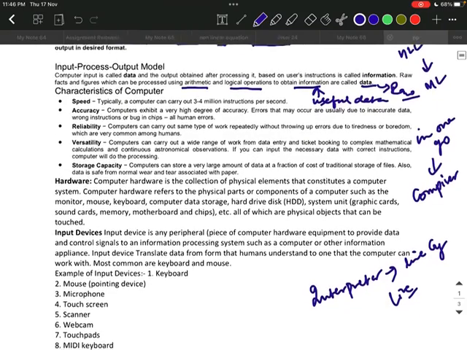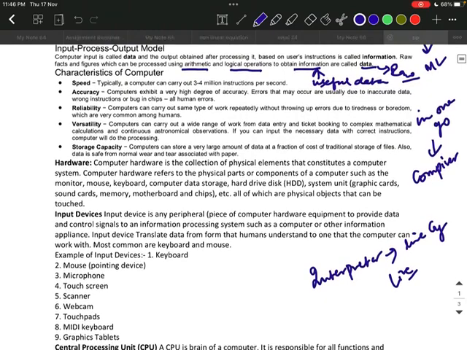So that is what actually is happening in the input process output model. Then there are certain characteristics of computer. So you know that it's quite speedy. It can carry out 3 to 4 million instructions per second. Then accuracy, so it exhibits a very high degree of accuracy.